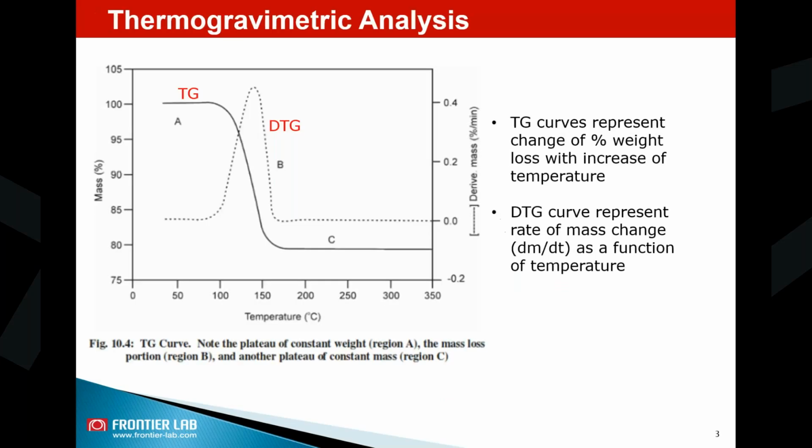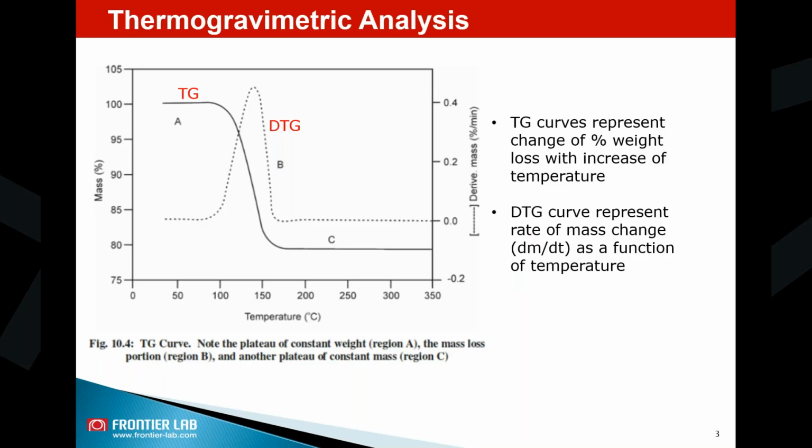I'm sure every one of you is very much familiar with thermogravimetric analysis, which is basically a tool that is widely used in material testing, and it provides the weight loss information of the material with respect to heat. Okay, so basically the TG curve represents the change of percentage weight loss with the increase of temperature.